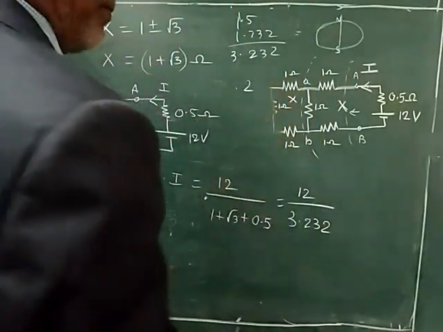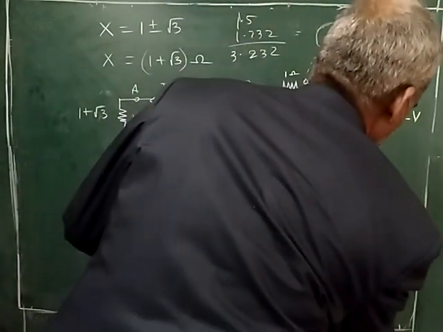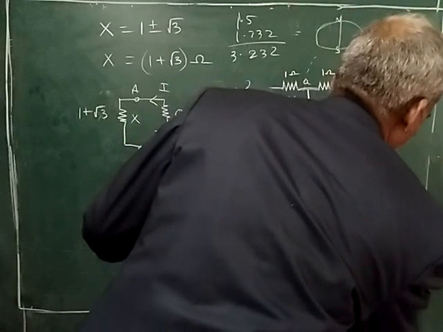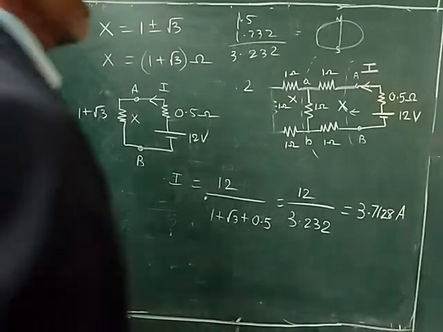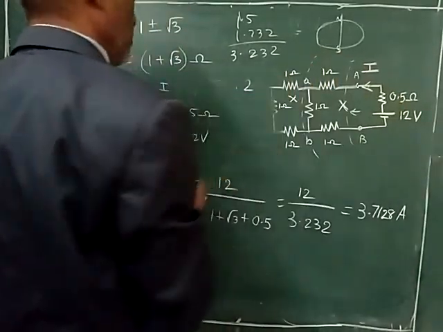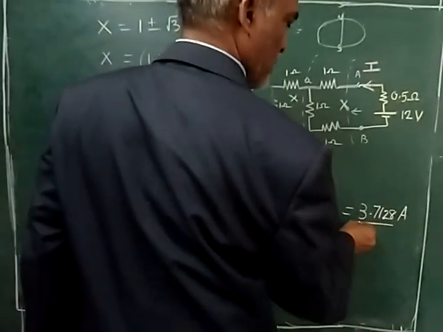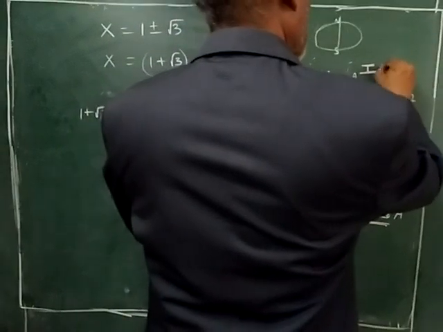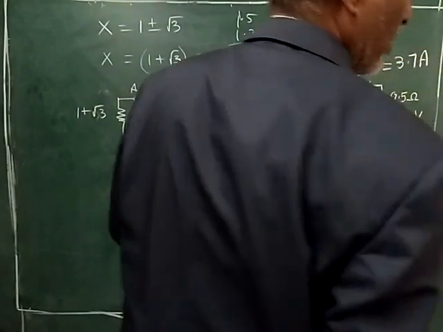If you divide this value, you will get 3.7128 ampere. So the current flowing in this circuit is equal to this value. We will take the first decimal alone. So the answer I is equal to 3.7 ampere.